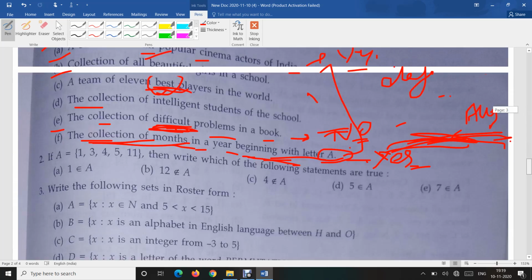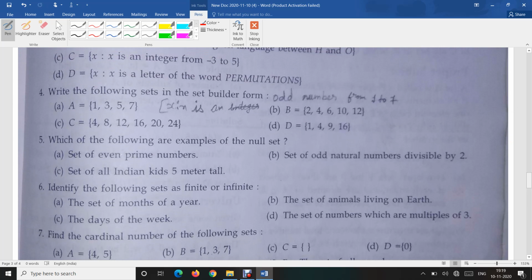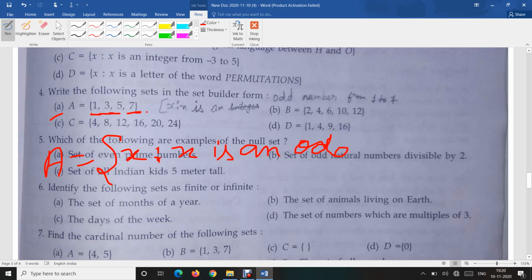So see how we can write the set builder form. Write the following sets in the set builder form. A, we have 1 3 5 7. As we can see, these are odd numbers. If these are odd numbers, that means we can write it as set of all x such that x is an odd number.